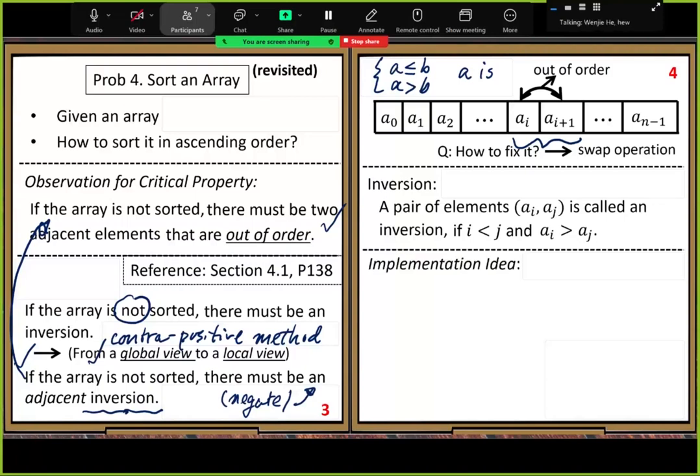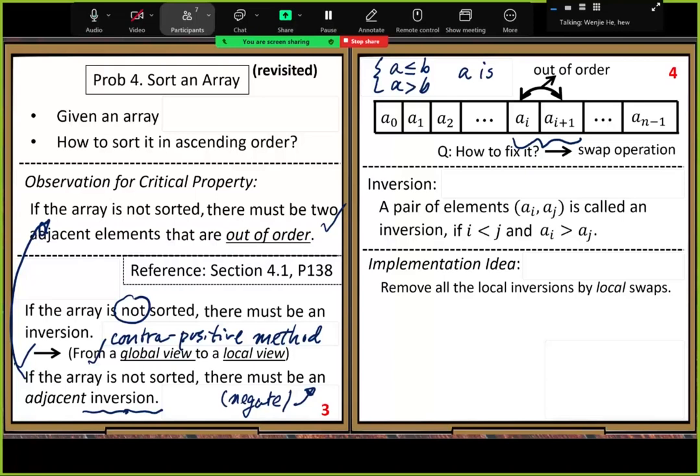So let's implement our idea. Let's apply the swap operations to fix all the inversions in the given array. Our goal is to remove all the local inversions by local swaps. Think about it.